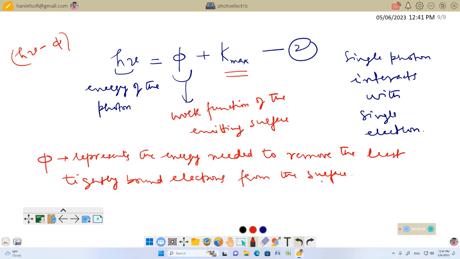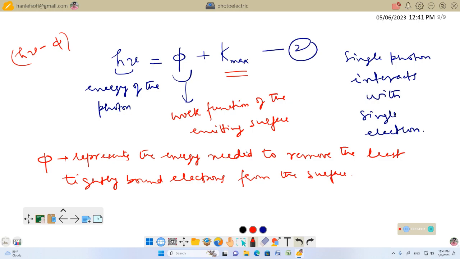Now, a more tightly bound electron, and the electron which experiences more collisions, will have this term smaller, will have lesser kinetic energy. Don't be misunderstood, because energy is conserved.